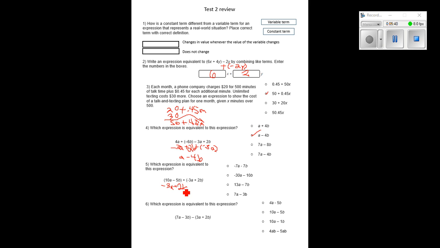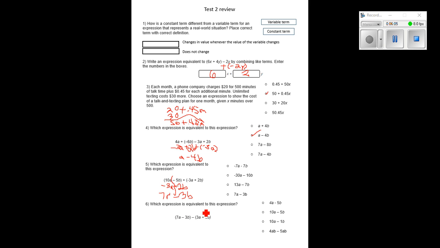I can combine my like terms. 10 minus 3 is 7, so it would be 7r. And negative 5 plus 2 will be negative 3, so that would be minus 3b. Next, we got number 6.